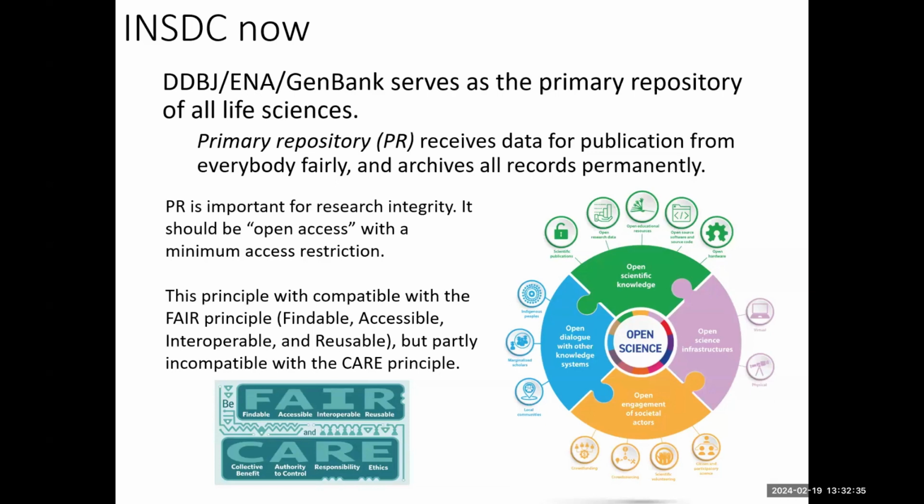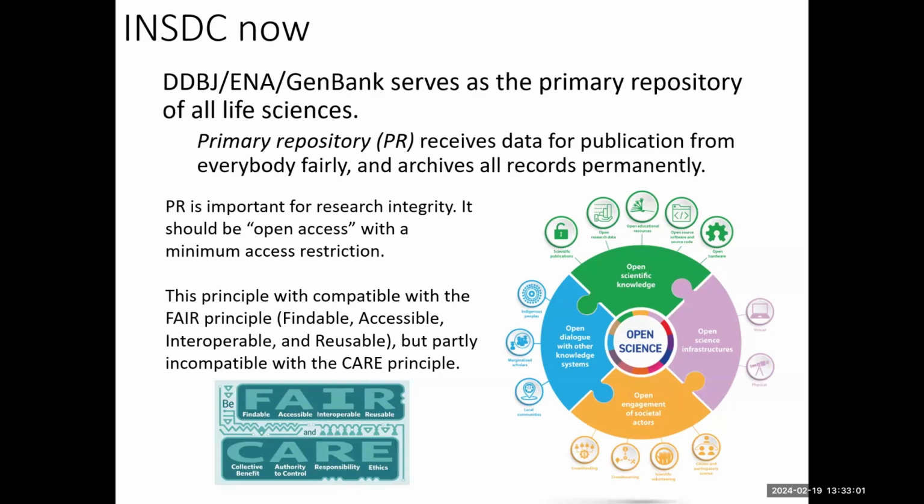for all life sciences. Here we call it a primary repository because we receive all data for all scientific publications from everybody fairly, and we archive all records permanently without any change.